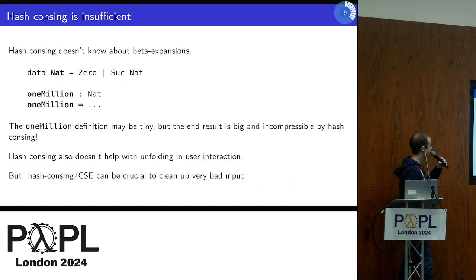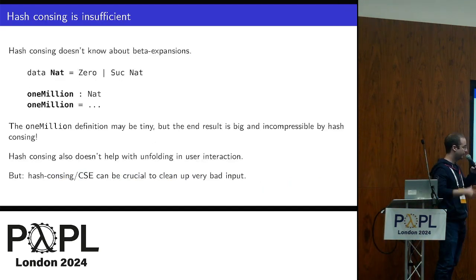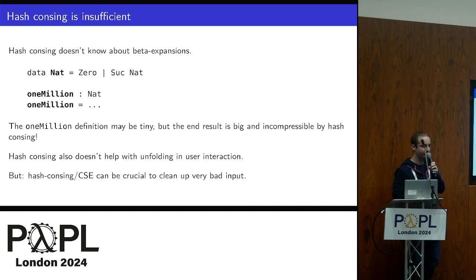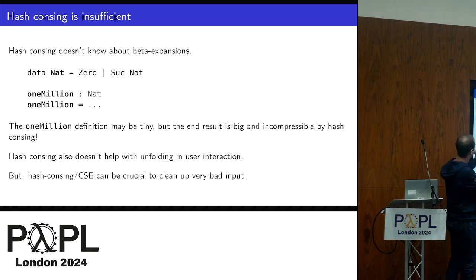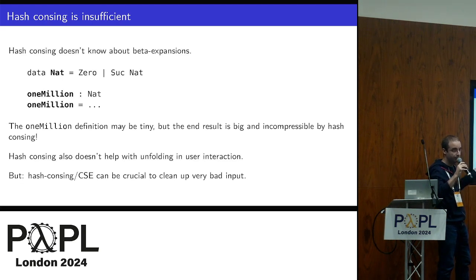Hash consing is a well-known solution to prevent size explosions. But I say that hash consing is not sufficient, because hash consing doesn't know about beta expansions. If you have unary natural numbers, we can define 1 million in a very compact way using just a bunch of recursively defined operations.